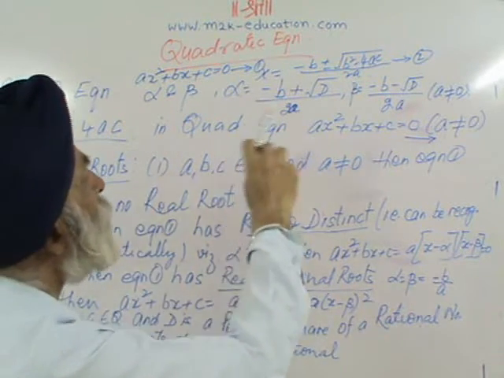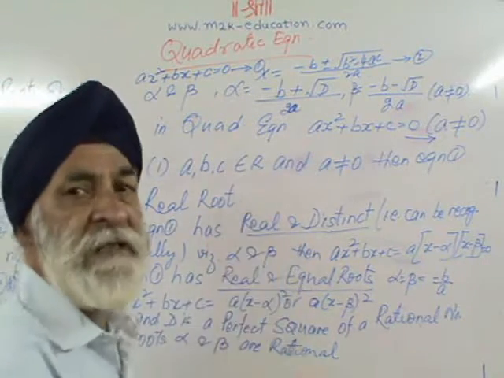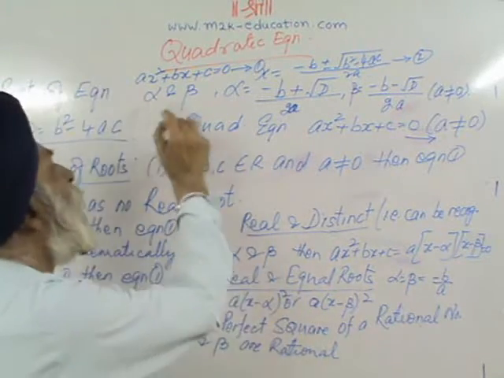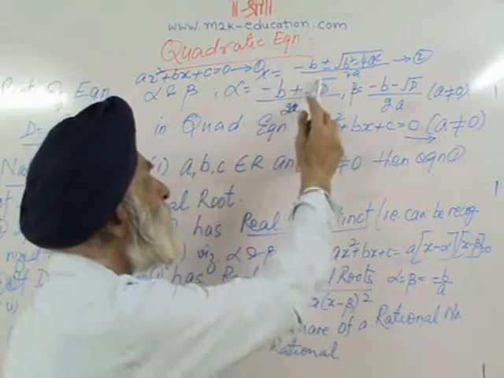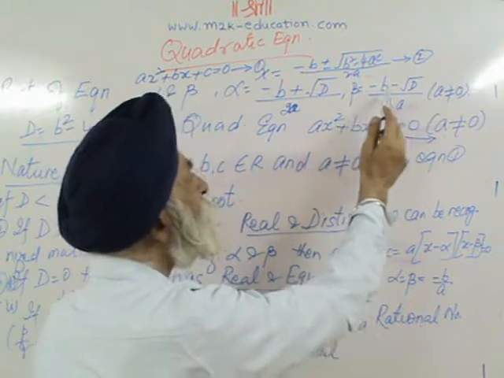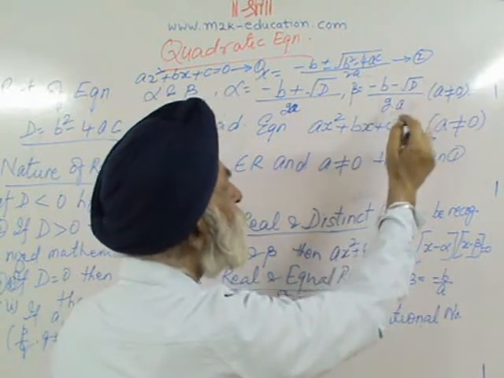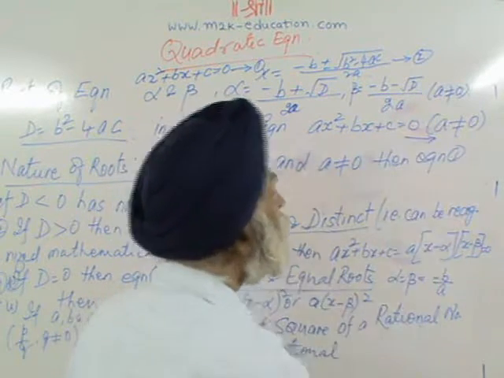We call these two different solutions roots, alpha and beta. So alpha can be written as (−b + √D) / 2a, and beta as (−b − √D) / 2a, and a is not equal to 0.